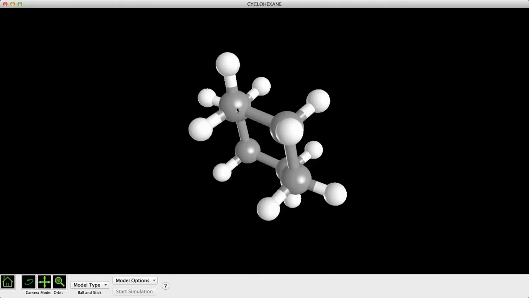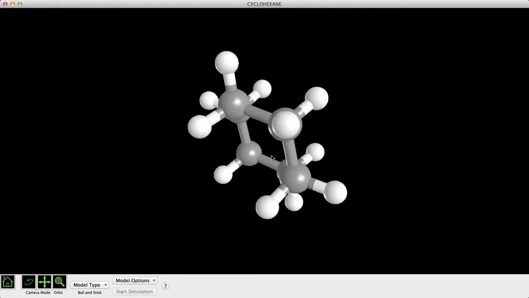Here is C5, here is C6, behind it is C5. Here is C2, behind it is C3. Here is C1, here is C4.